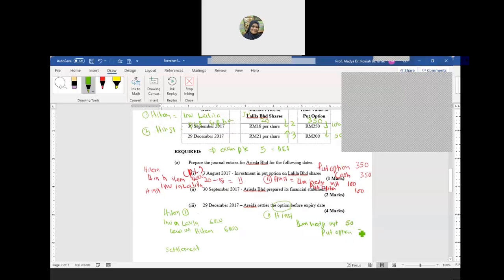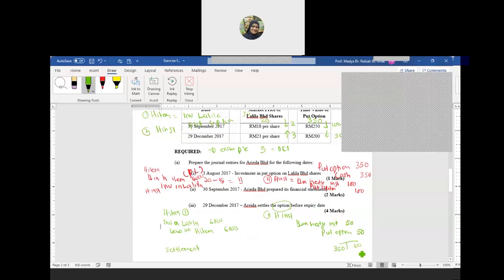Okay, now I want to make a settlement. How are we going to make a settlement here? Okay, what is the balance of your put options that you have here? If you look at the put options here, you start with 350. Okay, you have a loss of hundreds.